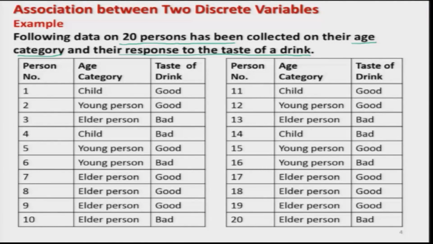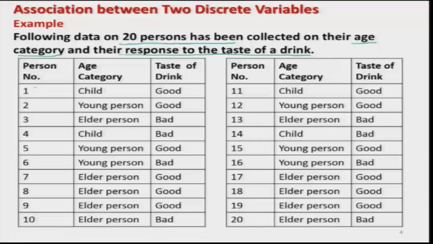You may note that this is a similar example to the one I took in the last lecture, where I took 100 persons. But my objective here is to show you how the contingency table is constructed from the raw data. Showing you 100 observations here is more difficult, so that is why I am taking only 20 observations.